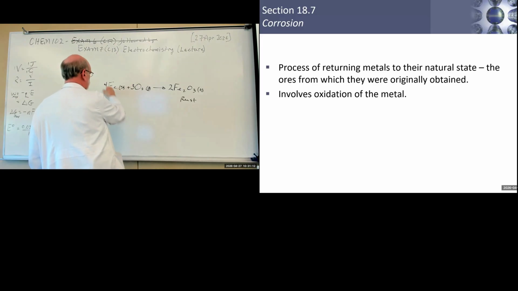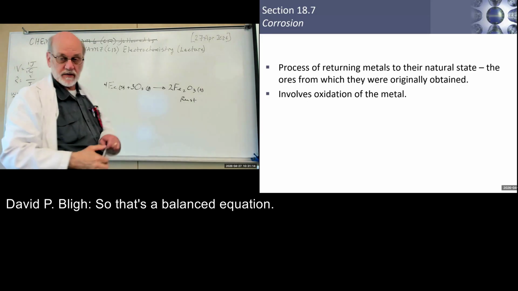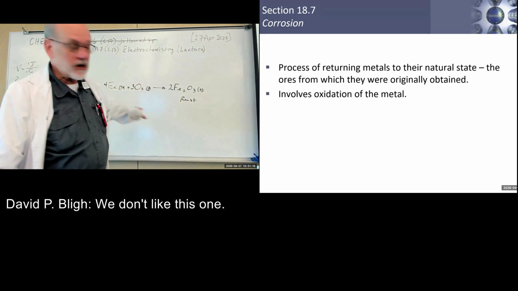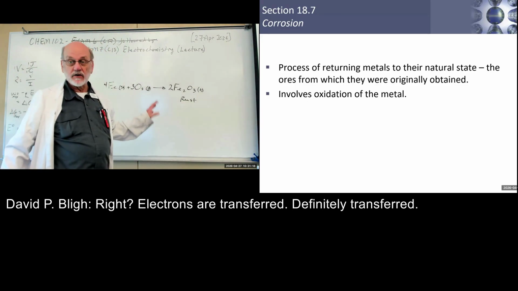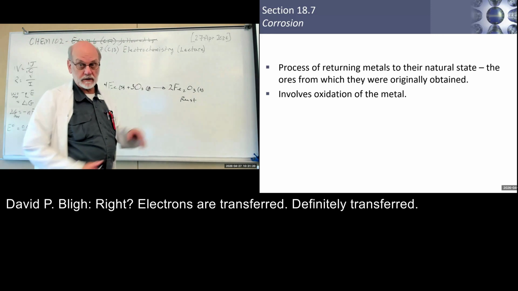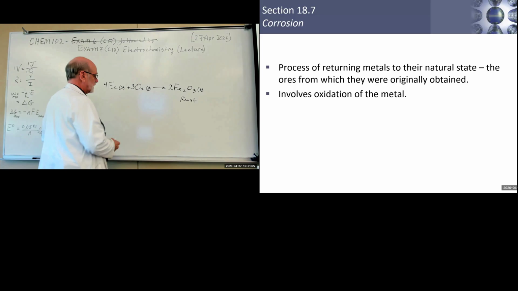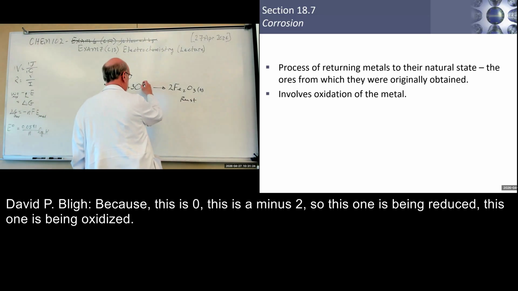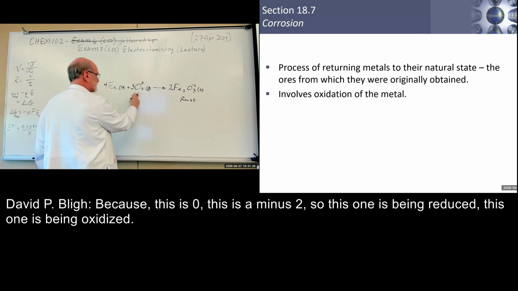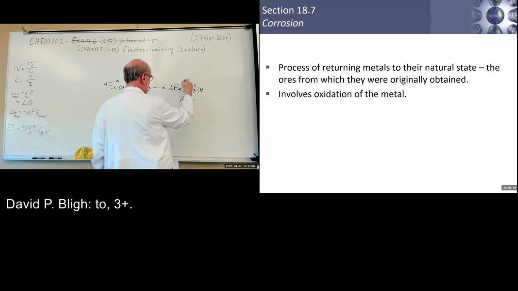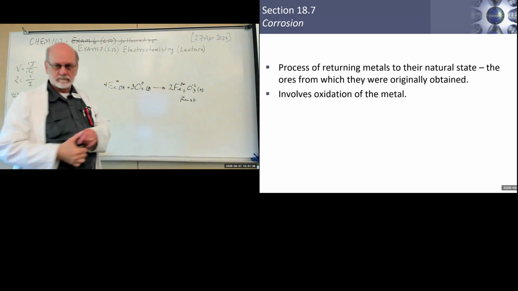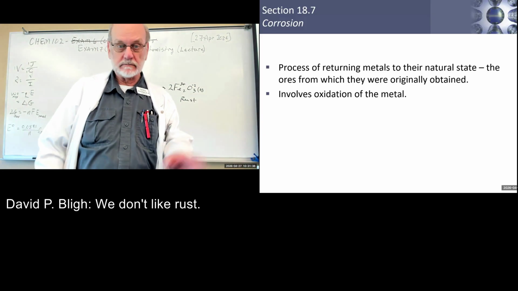And then let's put a 4 here. So that's a balanced equation. We don't like this one, right? Electrons are transferred, definitely transferred, because this is 0, this is -2. So this one is being reduced, this one is being oxidized to 3+. We don't like rust.